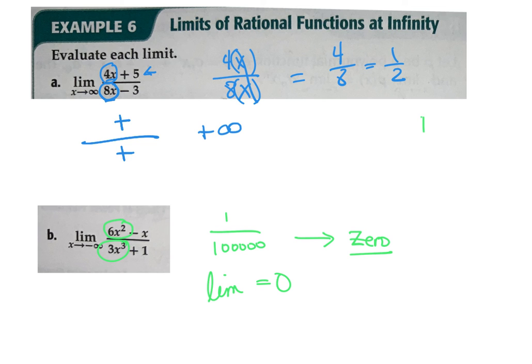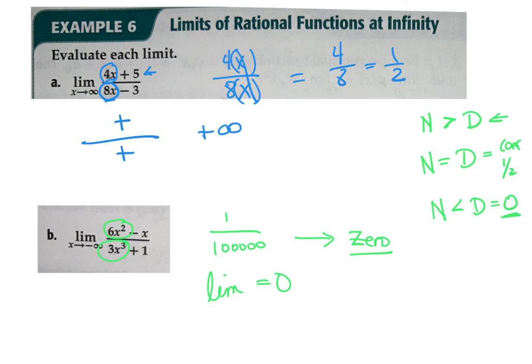When your numerator is bigger than your denominator, we did not have one. So this is where you're going to have infinity. When the degrees are equal, you're going to use your coefficients, just like we did, the 1/2. And when your numerator is smaller, your limit will always be 0. Always. All right?